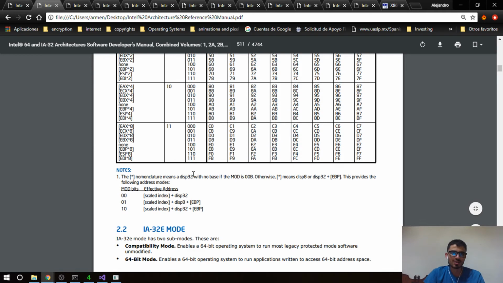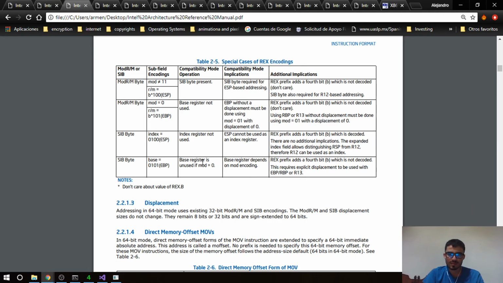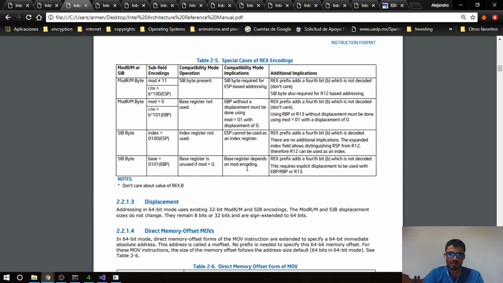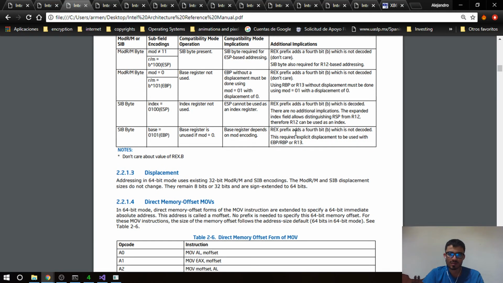Yeah, that's the special case, isn't it? And this is using RBP, EBP, RBP, or R13.